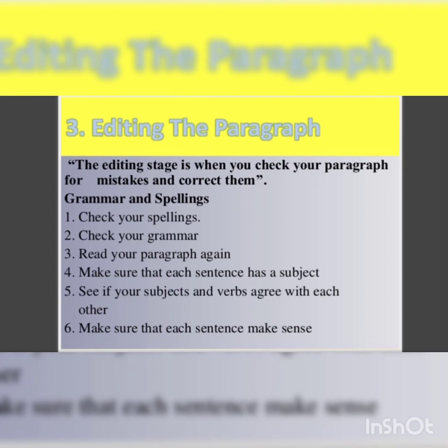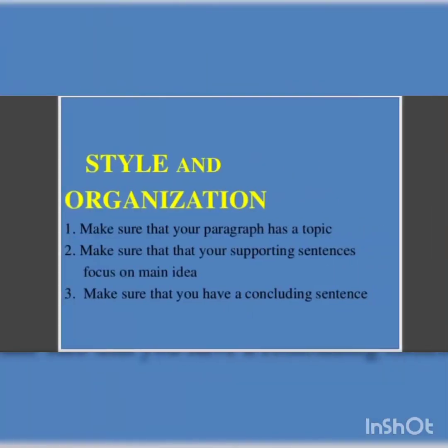Make sure that each sentence makes some sense. It should give a clear idea to the reader of what you want to convey through that sentence. It should not be confusing at all. Okay? Now let us talk about style and organization. Very important.